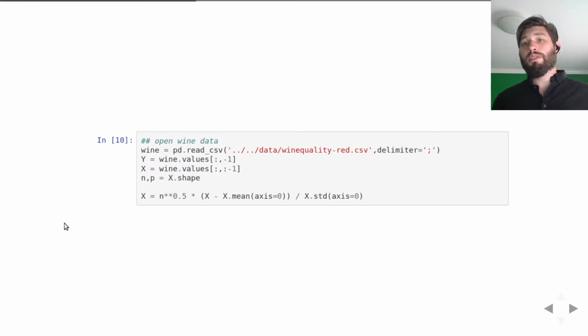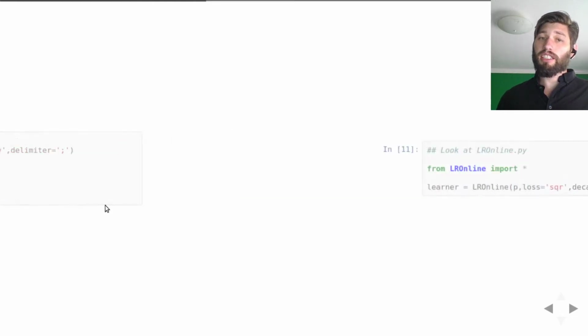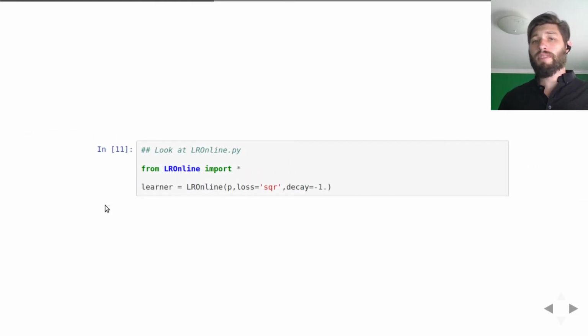Okay, so we're going to evaluate these methods on the Wine data set, our favorite data set, just for unit testing purposes. We're going to center and normalize the X matrix and pull out the Y's. I have created a module which you have access to on this repository.